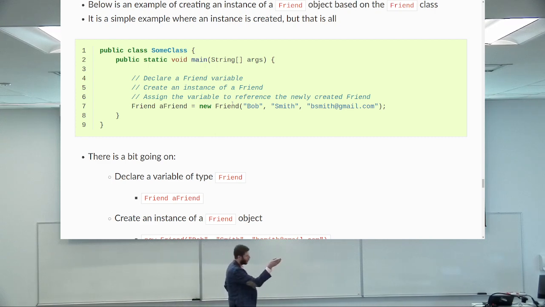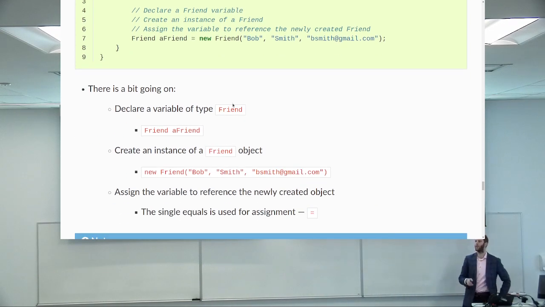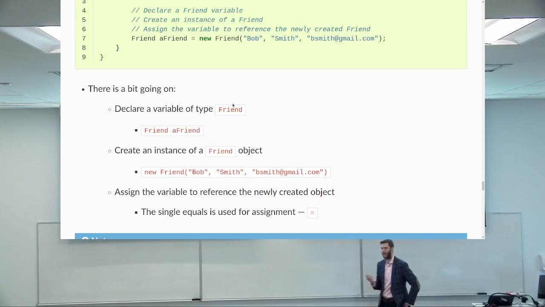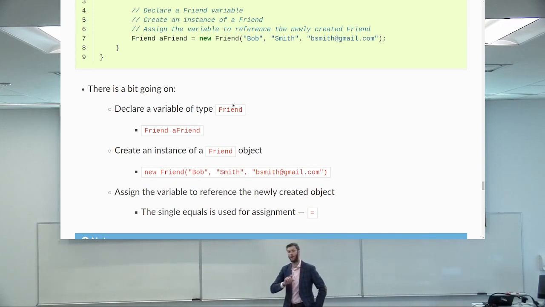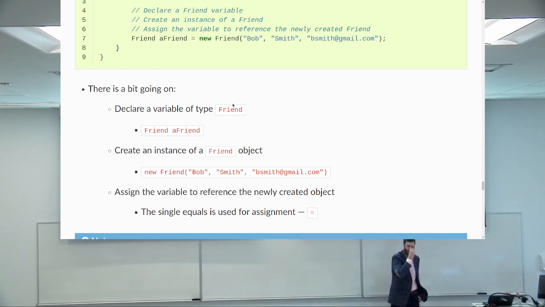Well, aside from the boilerplate class and main, we're declaring a variable for a friend called aFriend. We are creating an instance of the Friend class. We're making a Friend object, who has the fields Bob Smith and bsmith@gmail.com. And then I'm assigning that instance to the variable aFriend.